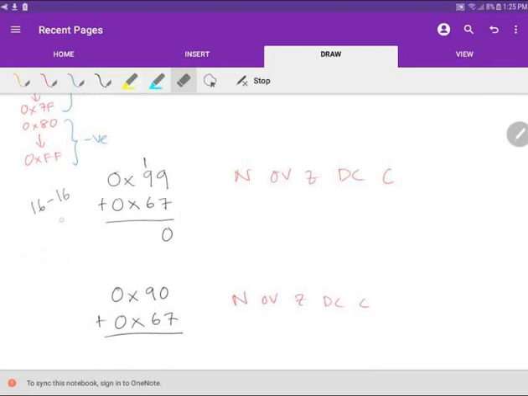So that's what we are doing here. 16 has exceeded the maximum allowable digit for hex, so you need to minus 16. So get 0. How many times you minus is the number that you add as the carry to the next digit.